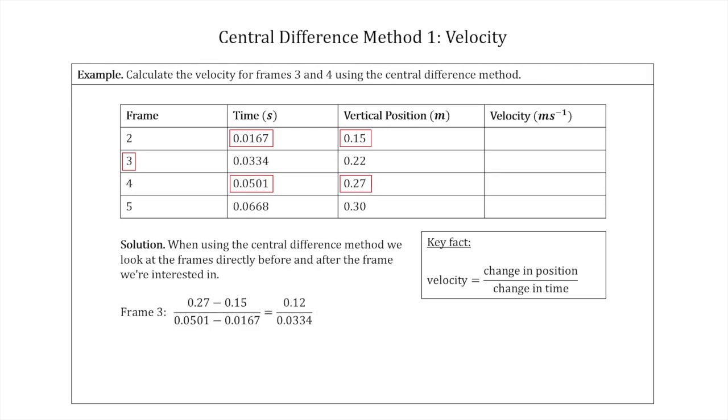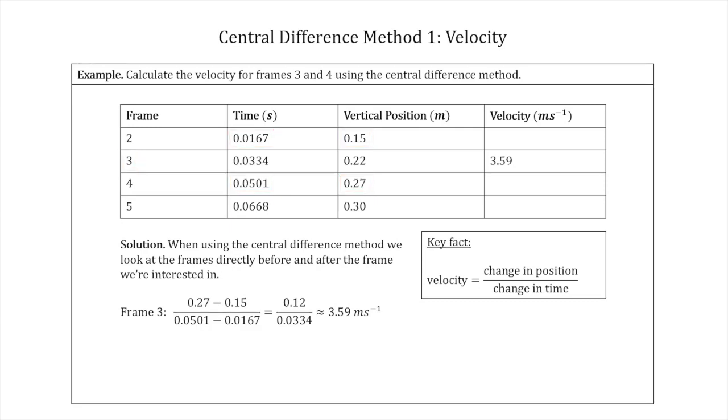Calculating this, we get 0.12 over 0.0334, which is roughly equal to 3.59. Let's put that on our table. It's that simple really: the velocity at frame 3 from the central difference method was 3.59 meters per second.